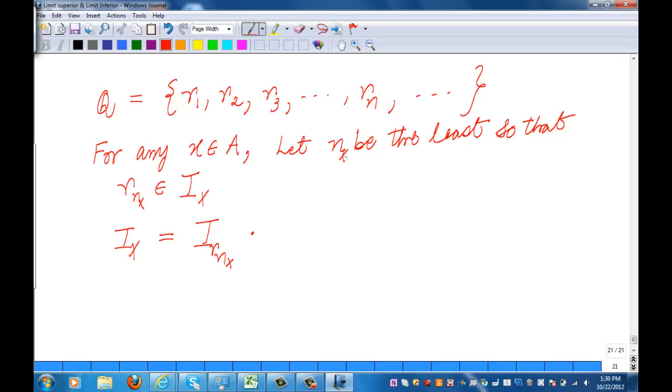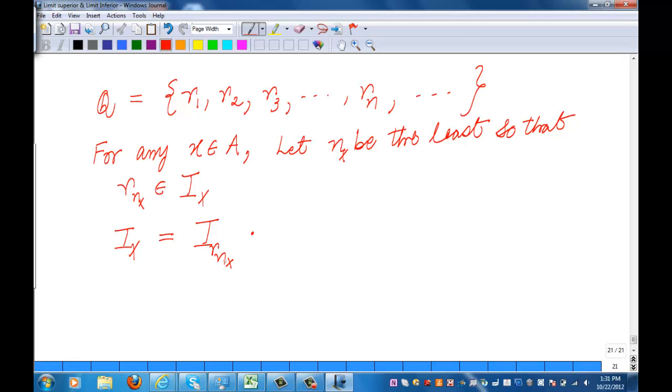Nx is just a counting number. So what we are saying is that Ix and I_Rnx are the same. For each x, you could do that. Now, there could be two different x and y, two values of x for which you get the same Rnx. Is that making sense?